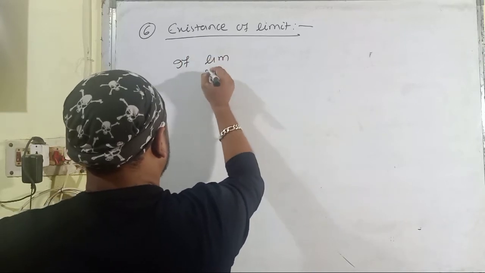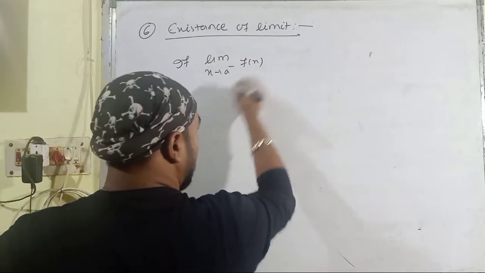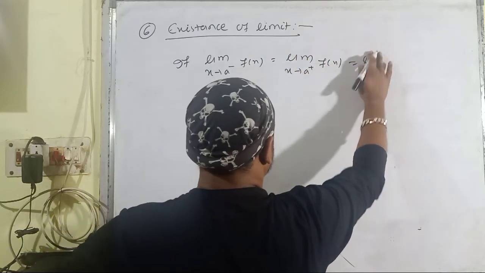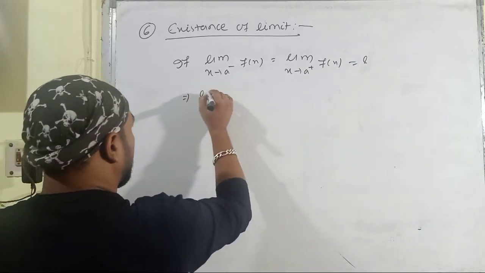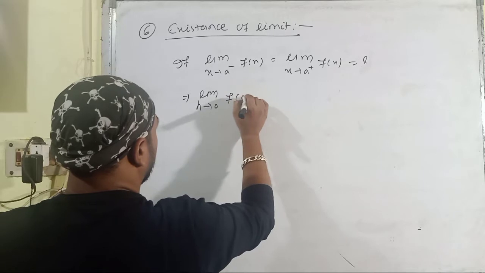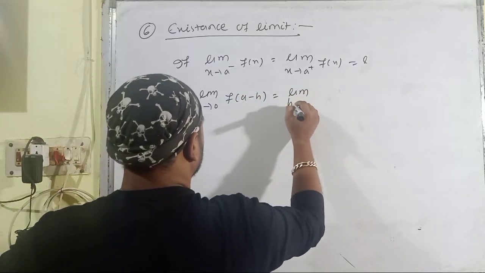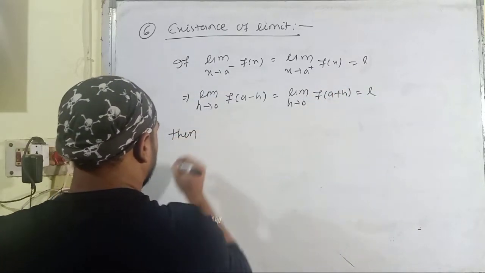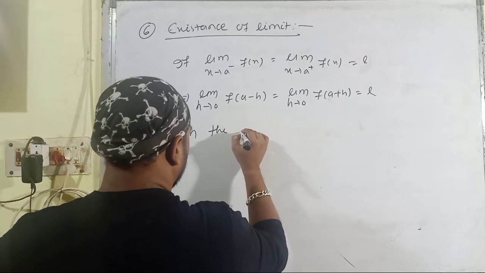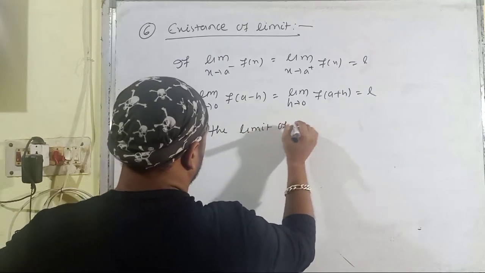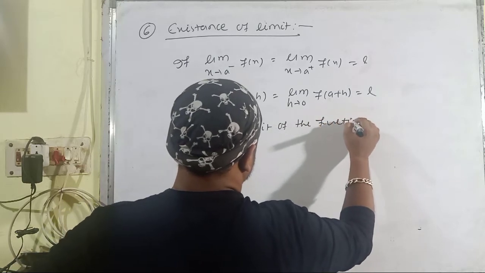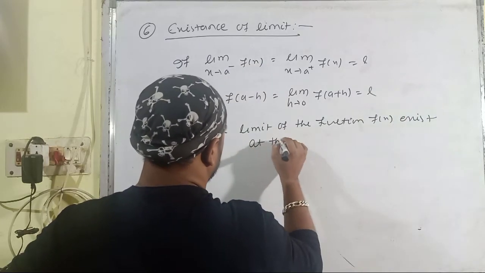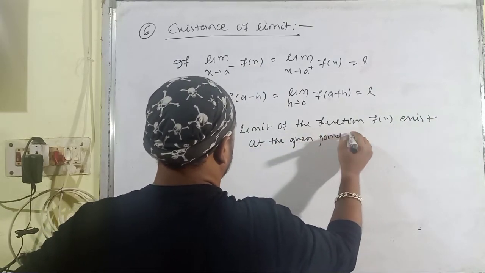If limit x tends to a minus f of x, that means left hand limit, is equal to limit x tends to a plus f of x is equal to L, or you can say that limit h tends to 0 f of a minus h is equal to limit h tends to 0 f of a plus h is equal to L, then the limit of the function f of x exists at the given point x is equal to a.